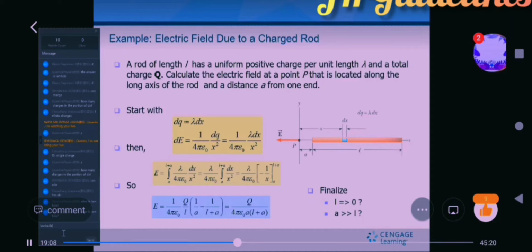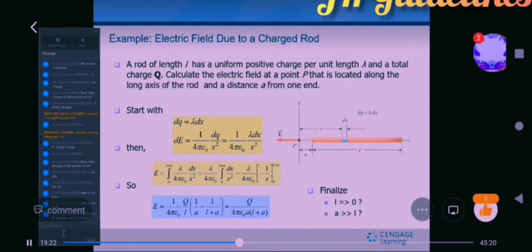Lambda is the charge in a unit length. So how many charges in the portion of dx?